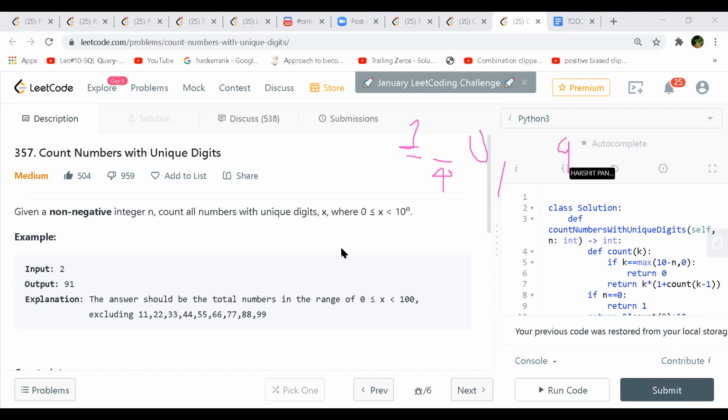So this gives me 9 options. Similarly, for the rest, I can put a 2 also, and again 9 options. So 9 into 9 is 81. And you just mentioned that from 0 to 9 we'll have 10 numbers. So 81 plus 10 gives 91.